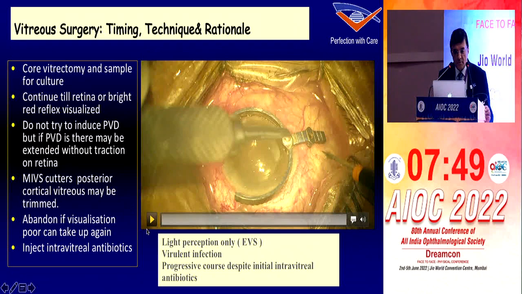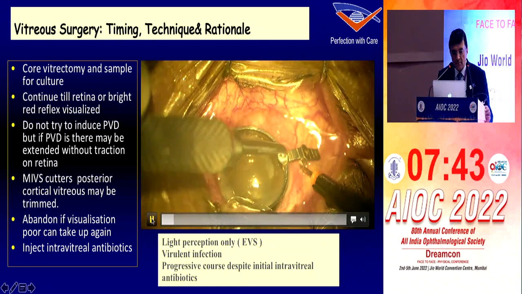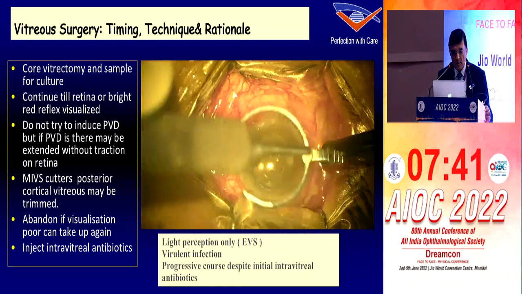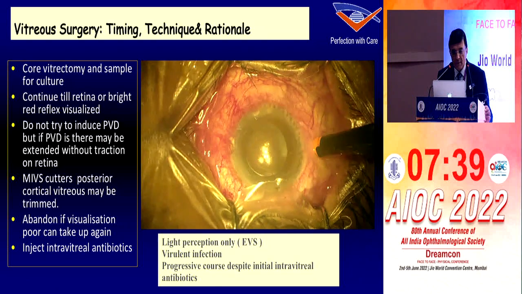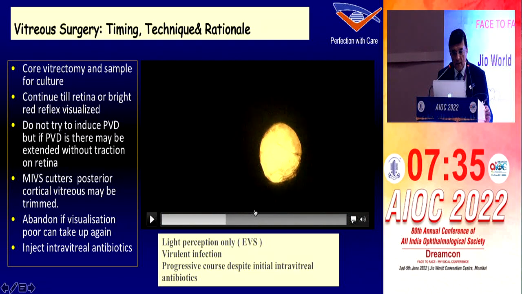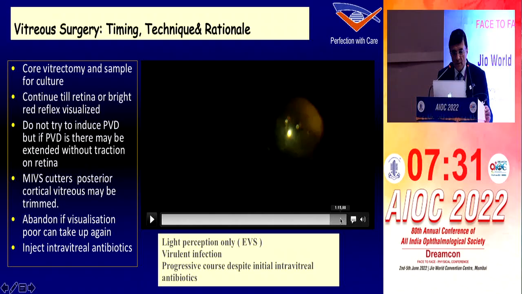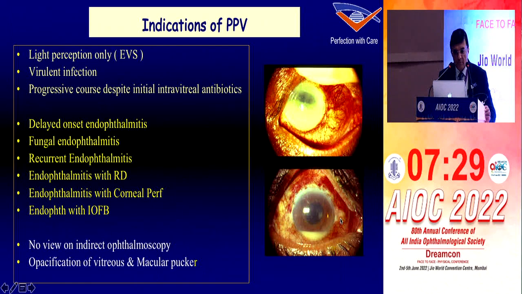This is another situation where I use this fixation device, which is my own device, which is also used as a device for giving intravitreal injections, and do a vitrectomy. Again, the endpoint, as shown before, is to ensure that we have a very clean vitreous with the disc visible.